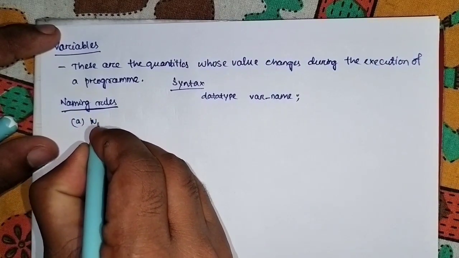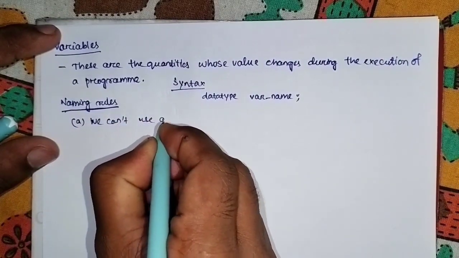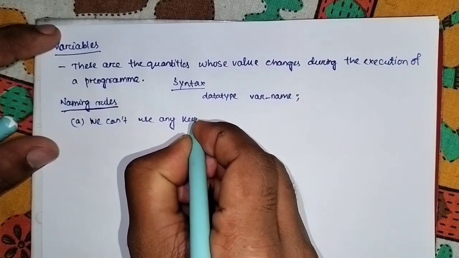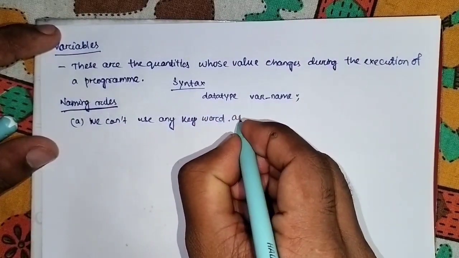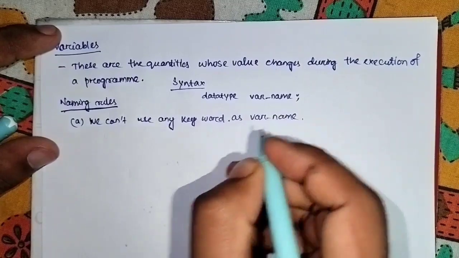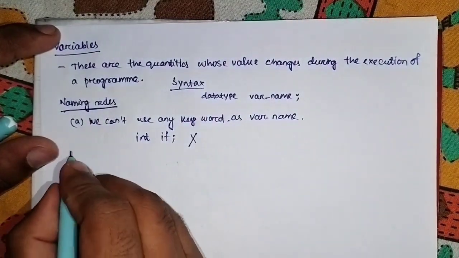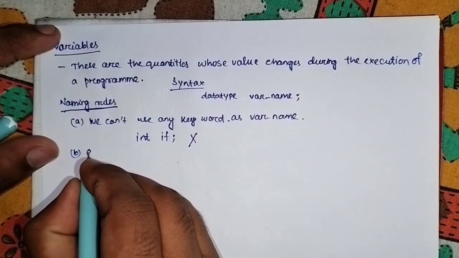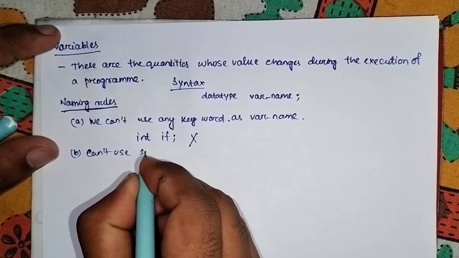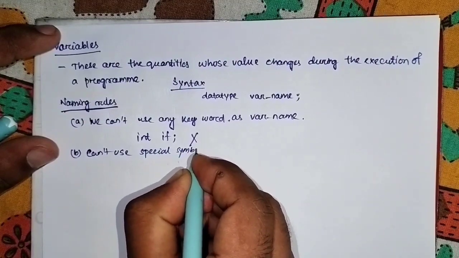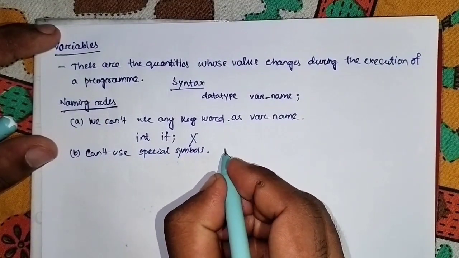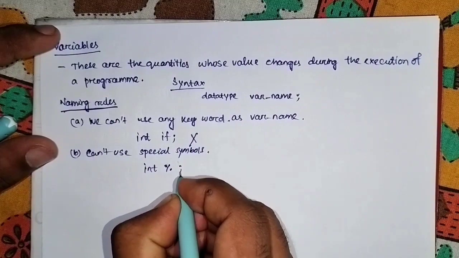Then comes the naming rules. First point, we cannot use any kind of keyword as a variable name, such as int. If is a keyword, so we cannot use it as a variable name. And we cannot use special characters such as %d or the ampersand symbol.